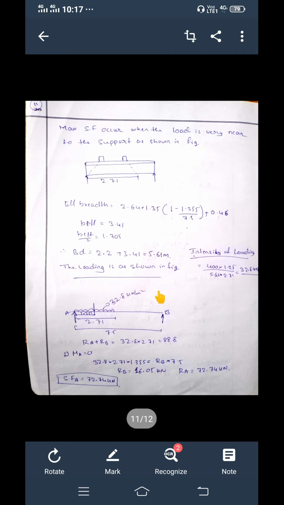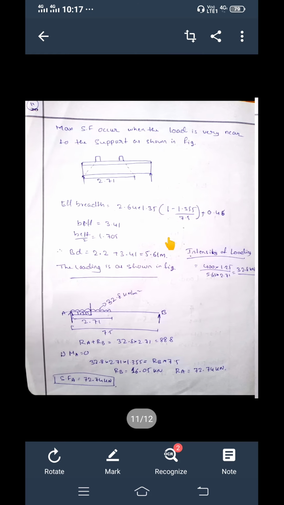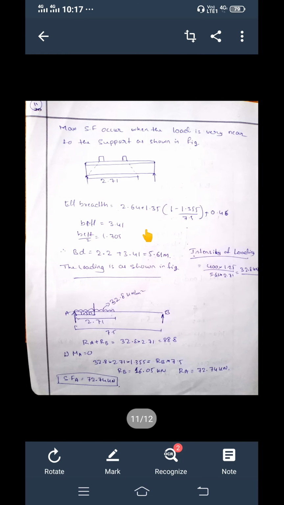Now that we have calculated the maximum bending moment, we will go for shear force. Where will the shear force be maximum? It is when the loading is kept nearer to the support. So we will keep this vehicle nearer to the support now, and our effective breadth is going to change.